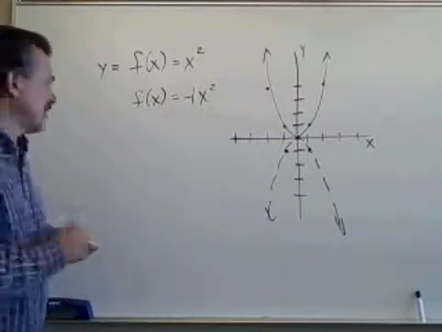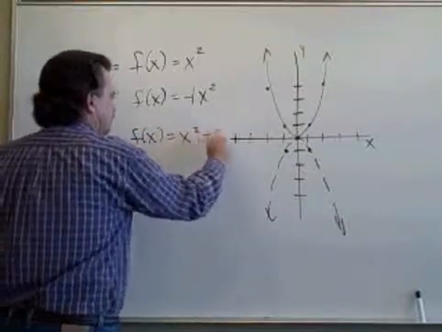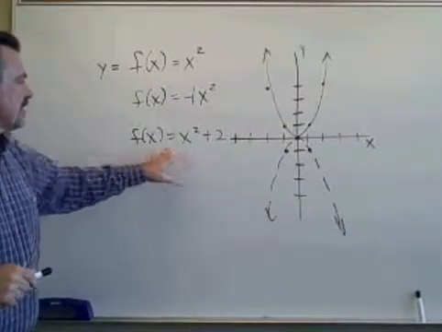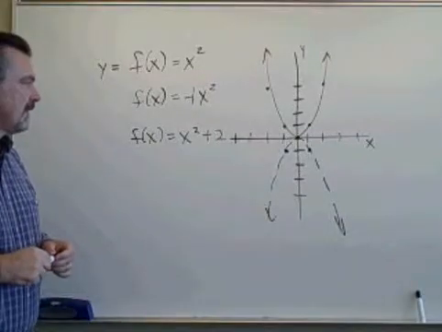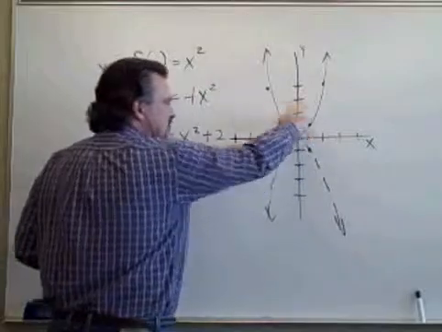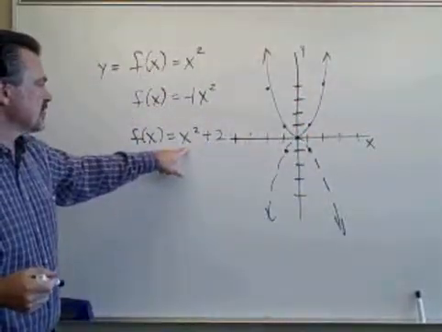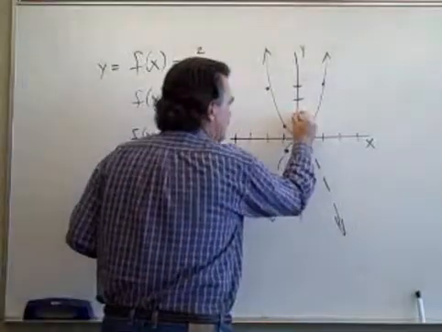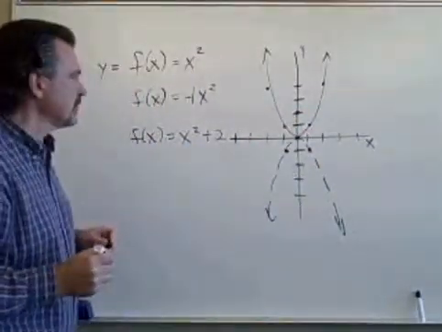Well, we can make other changes. If we were to look at the graph of the quadratic function f of x equals x squared plus 2, we would find that the function values get increased by 2. If x is 0, 0 squared is 0, 0 plus 2 is 2. So now, when x is 0, rather than the function being 0, the function is up at 2.